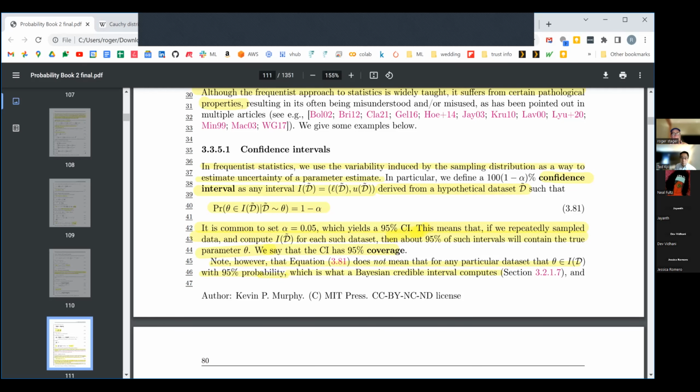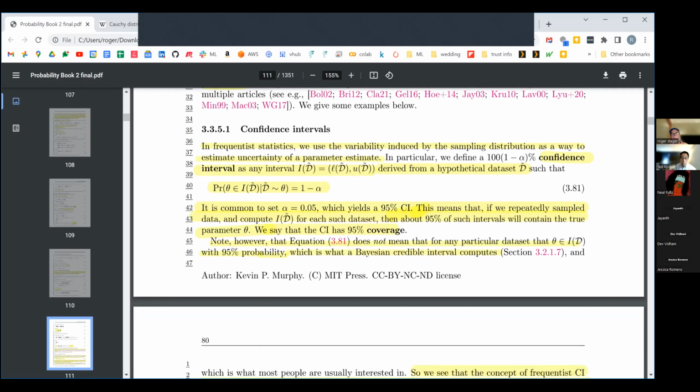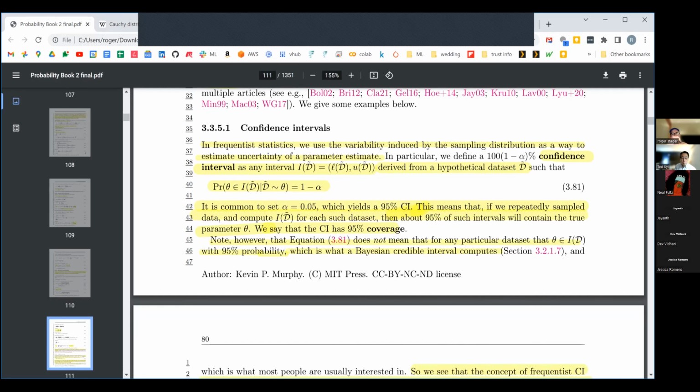Also, he mentions hypothetical data set, D tilde. I don't know if this relates to what you said earlier, Ted. Yeah, I actually feel like I understand it a little better now that he's defined the credible interval, because I can contrast the two.